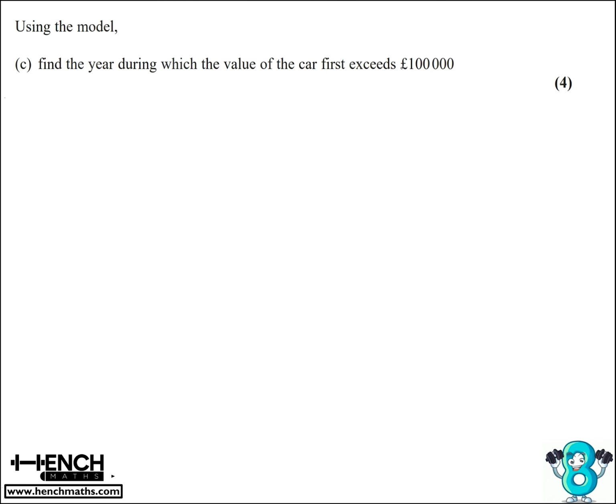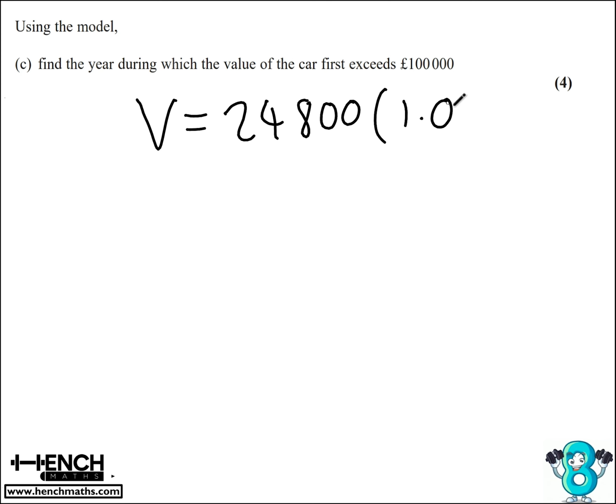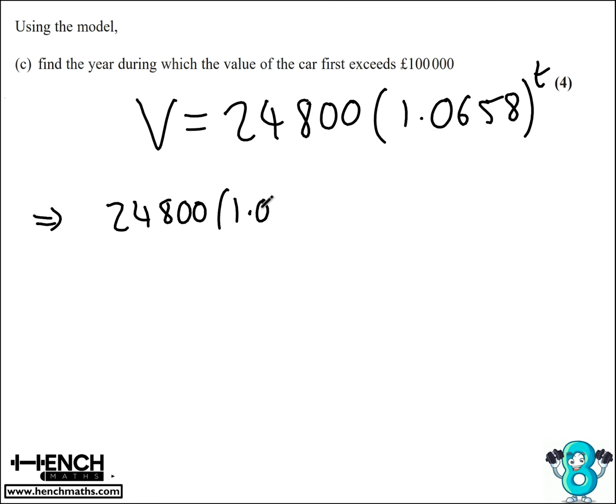So for part C, using the model, find the year during which the value of the car first exceeds £100,000. The equation we created was V equals 24,800 multiplied by 1.0658 to the power of t. And we want to know when this exceeds 100,000. So if we equate it to 100,000, we get 24,800 multiplied by 1.0658 to the power of t equals 100,000.